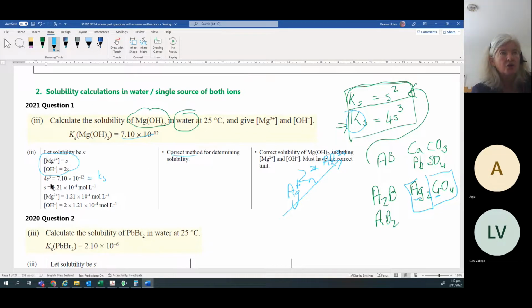So always say what that S actually stands for. The S stands for the solubility of, say, the cation or the anion. In this case, because it's magnesium hydroxide, S stands for the cation, and 2S is for the B2, the OH2. So does everybody follow what I mean there?